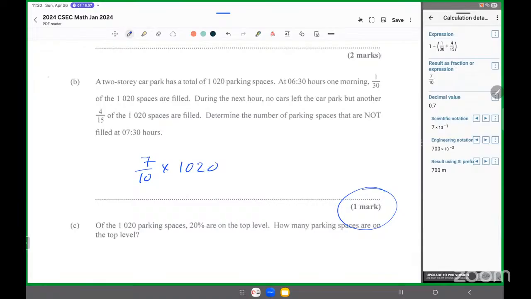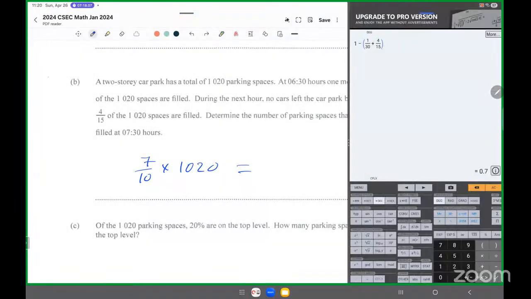CSEC is kind of evil in a sense that they did not specify the connection. You have to see it for yourself. The amount that is left is 7/10 of the 1,020. That is why the question was only worth 1 mark.